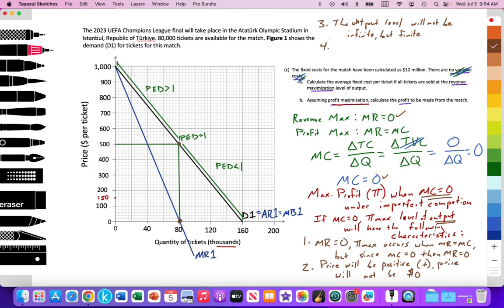Number 4, price maximization, or profit maximization price will be at the midpoint of a straight downward sloping demand curve.